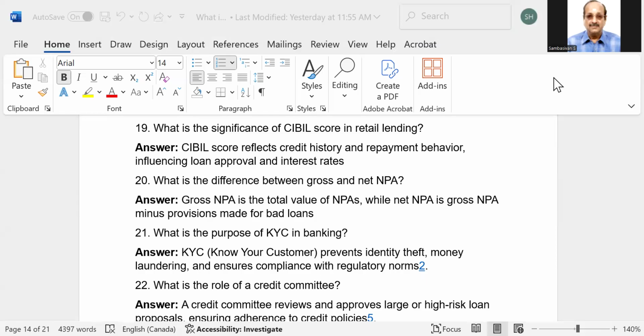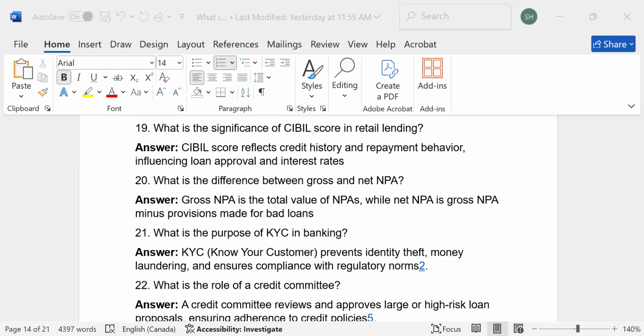I read in the type of charges that lien is one type of charge, and there's one term mentioned, negative lien. Negative lien comes when, in the case of limited companies, when banks finance to the limited companies, they take an agreement from him that they will not be creating any further charge over the properties. Any further charge over the properties. So that is known as negative lien.